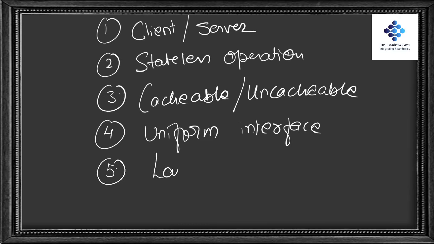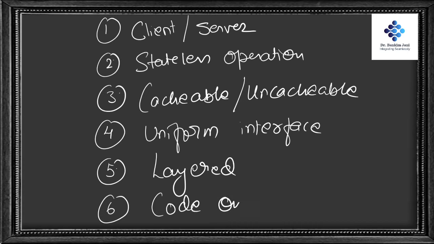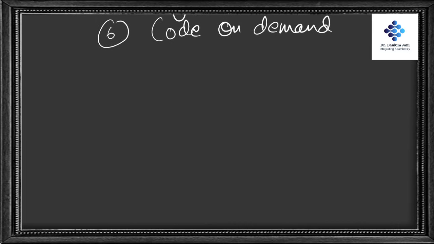It is a layered structure. And finally, you can really code on demand. That means it is expandable. You can keep on adding the codes as per needed. But these first three parts are extremely important because they actually tell us how this thing works, right? So let's talk about these first 3 points in more detail.